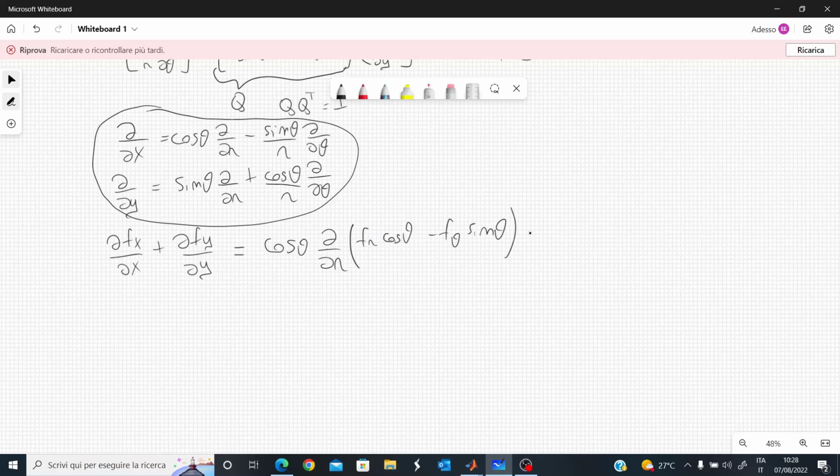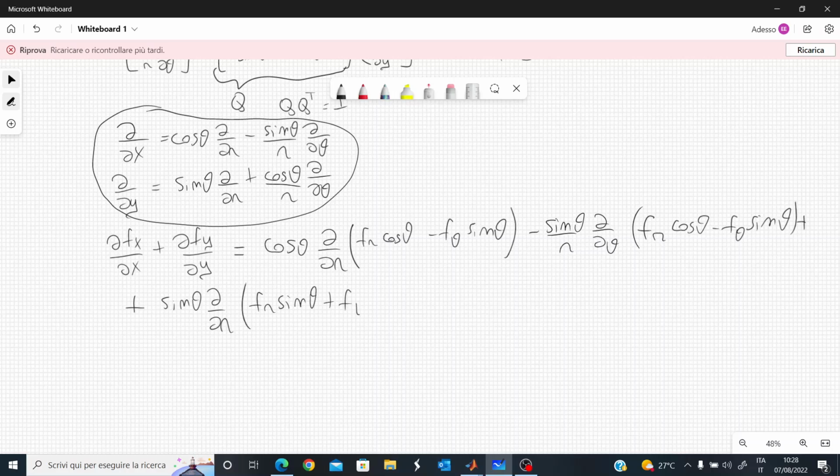Then we have minus sine theta over r d over d theta, and still fx, which is fr cosine theta minus f theta sine theta, plus, now we have d over dy, so I put this one first, sine theta d over dr of fy, which is fr sine theta plus f theta cosine theta.